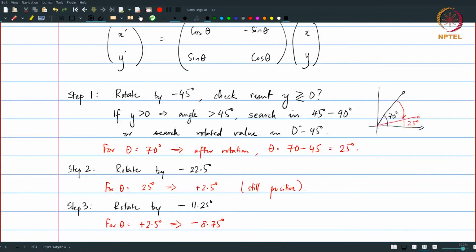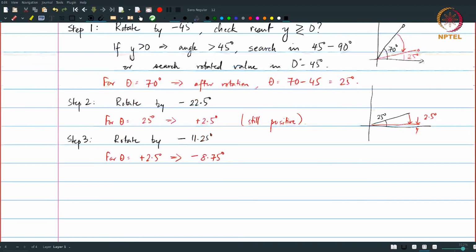In the next step, I took 25 degrees and rotated it down to 2.5 degrees. And in the third step, I have taken this 2.5 degrees and rotated it to minus 8.75 degrees. So what should I do in step 4?